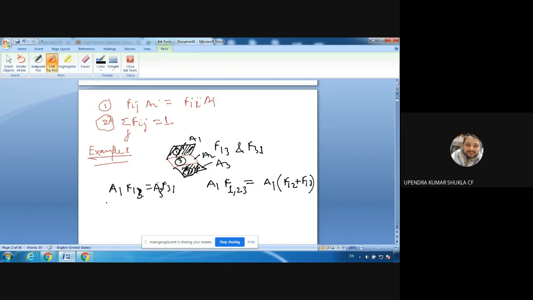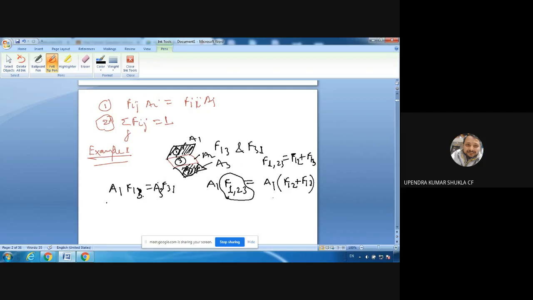Because you understand F123 means the fraction of energy that is leaving surface 1 and reaching both surface 2 and 3. F123 is equal to F12, the fraction of the energy reaching surface 2, and the fraction of the energy reaching surface 3.